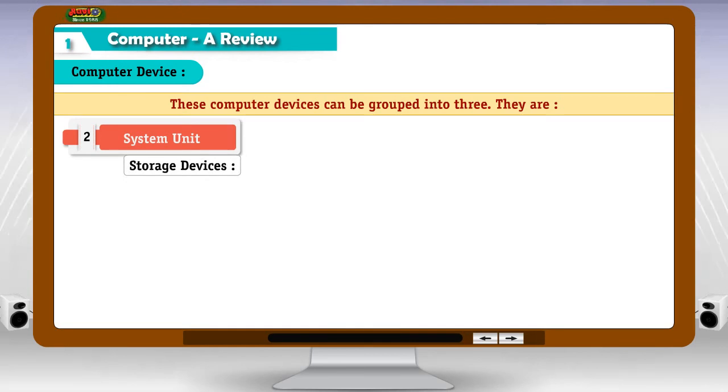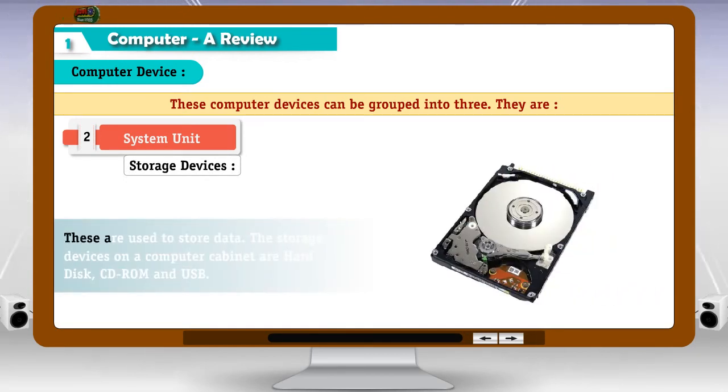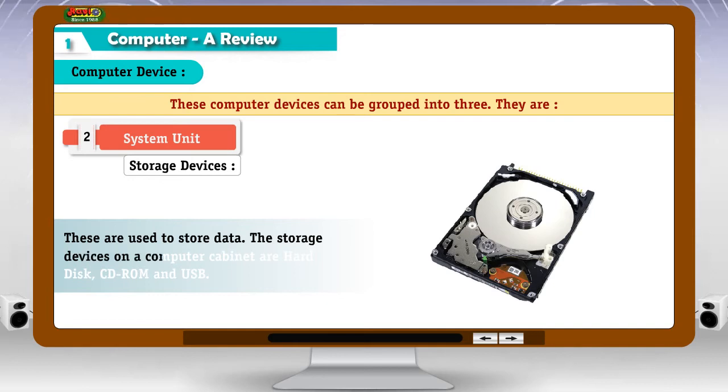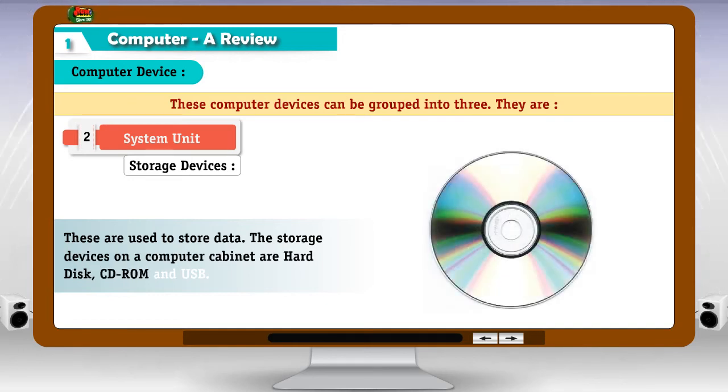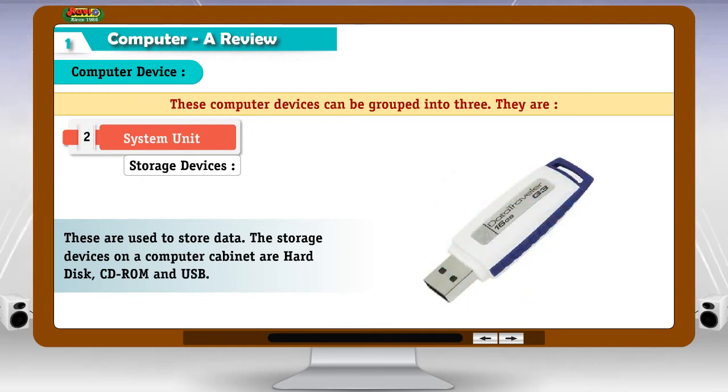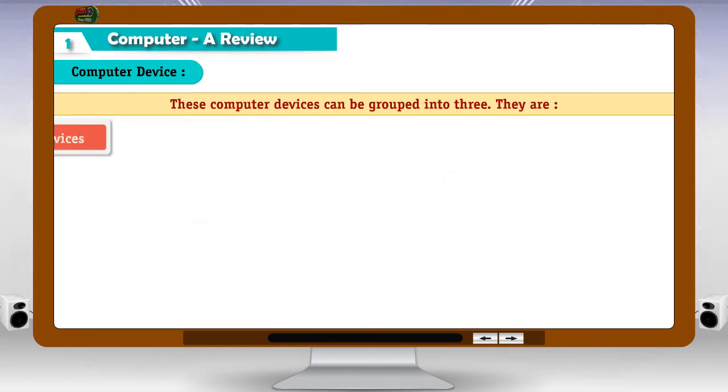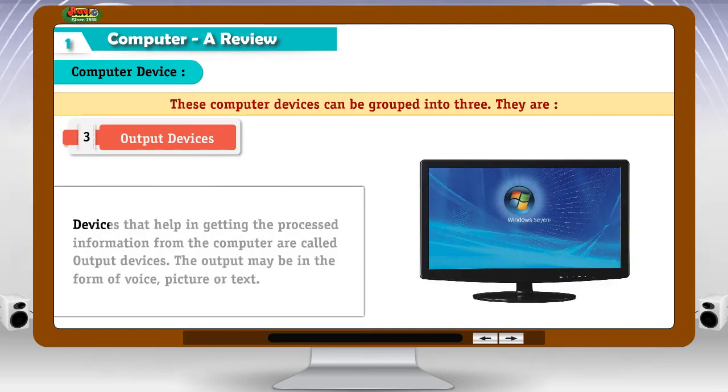Storage devices. These are used to store data. The storage devices on a computer cabinet are hard disk, CD-ROM and USB. 3. Output devices. Devices that help in getting the processed information from the computer are called output devices.